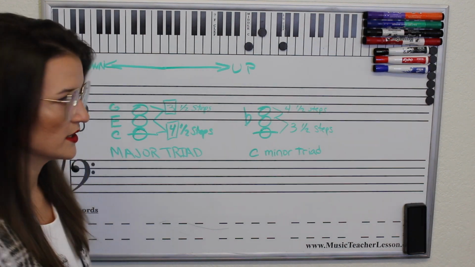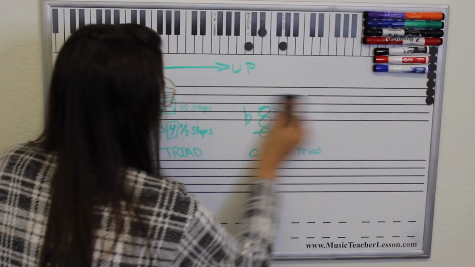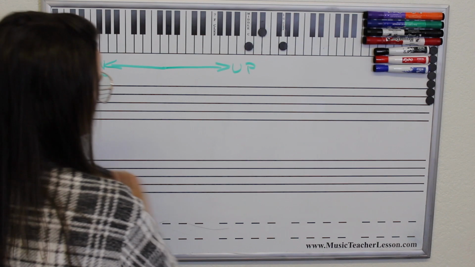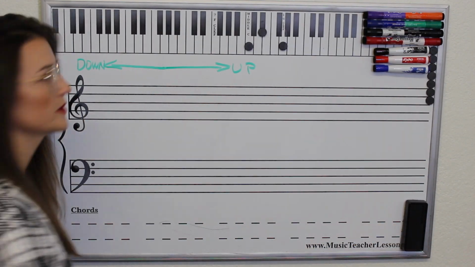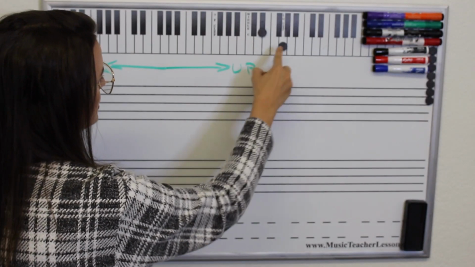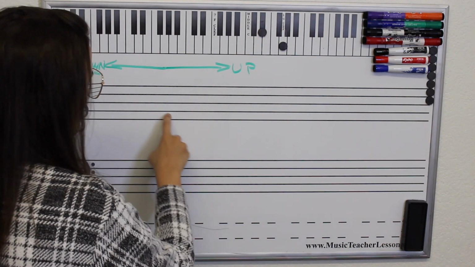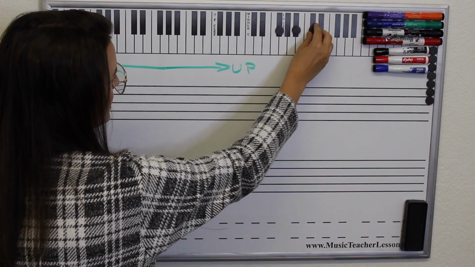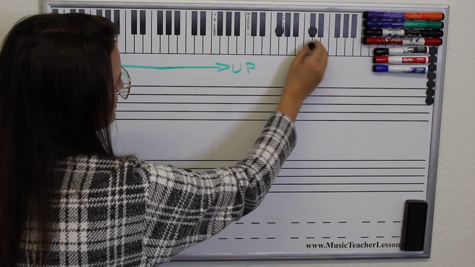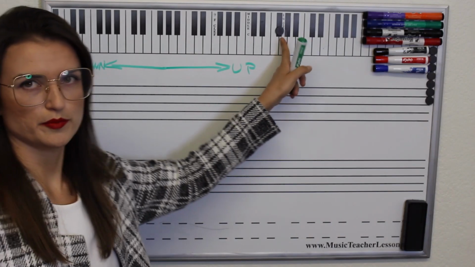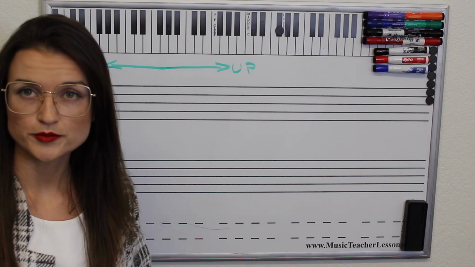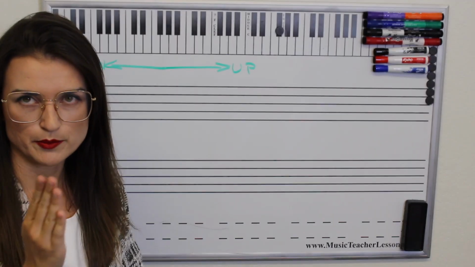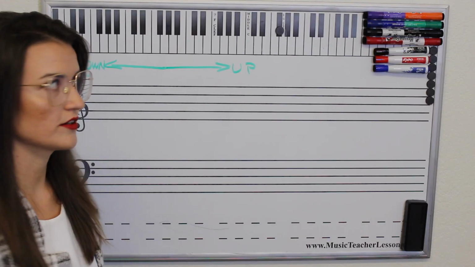Okay, so let's do a harder chord. Let's start on a different note. Let's pick F sharp. So here's F sharp. We're going to do it here just to be accurate with the writing. Based on our formula for a major triad, we go up 4 half steps to get the major third.